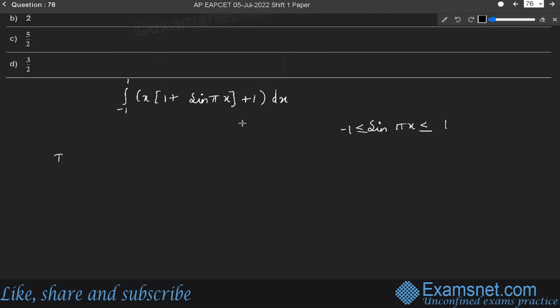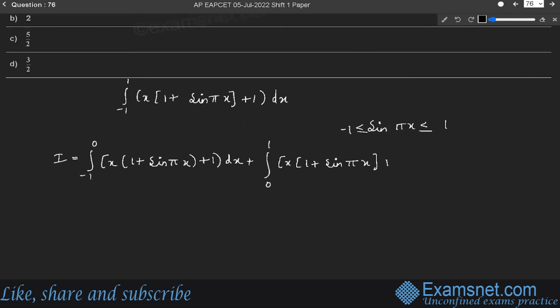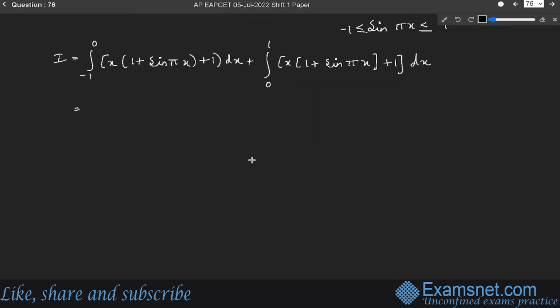Therefore, I will be equals to integral of minus 1 to 0 x into [1 plus sine pi x] plus 1 dx plus integral of 0 to 1 x into [1 plus sine pi x] plus 1 dx, which is equals to integral of minus 1 to 0 x into 0 plus 1 dx plus 0 to 1 x of 0 plus 1 dx.